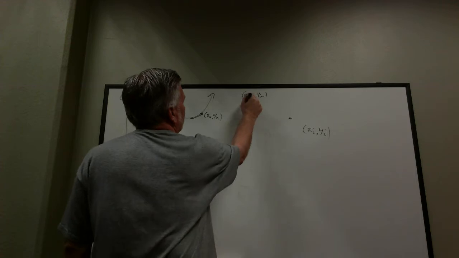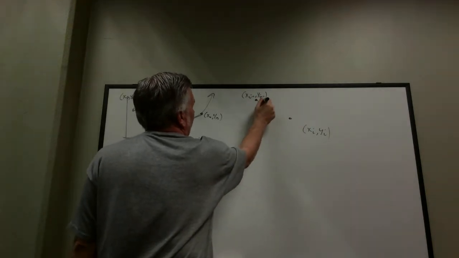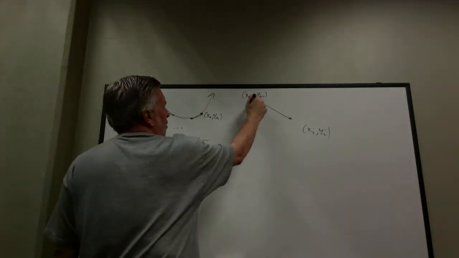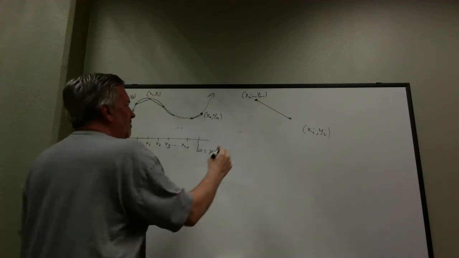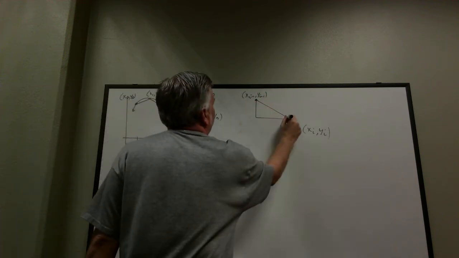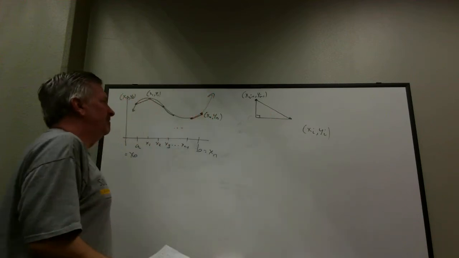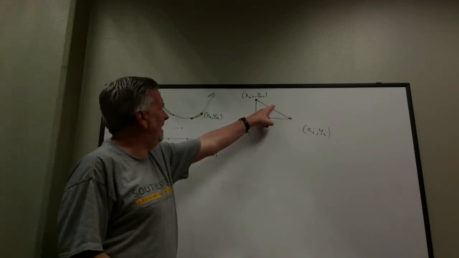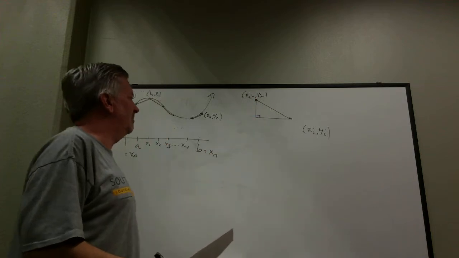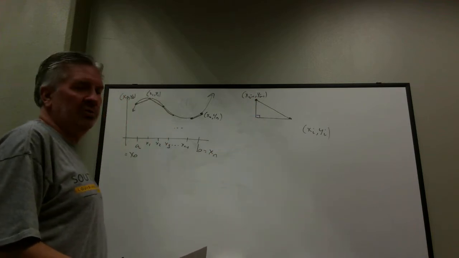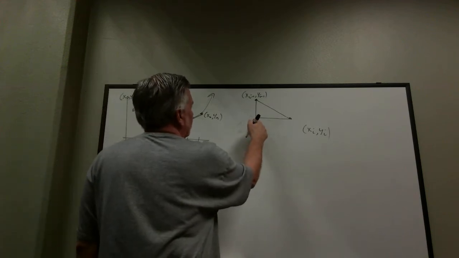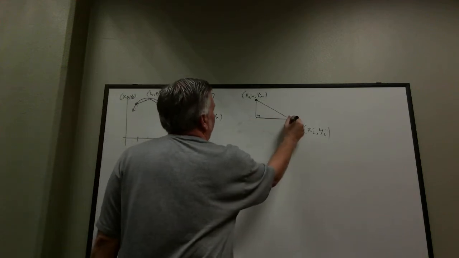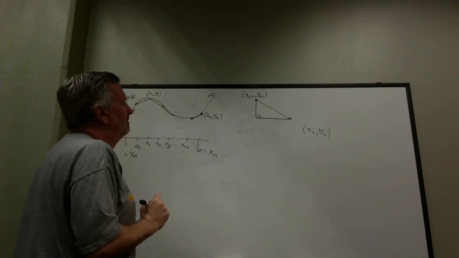Okay, so the curve is coming in here, and we're interested in the line segment joining those two points. Let me make a right triangle out of that. And let's see, how do we find the length of the line segment? Well, we can just use the Pythagorean theorem. Well, what's the length of the leg there?